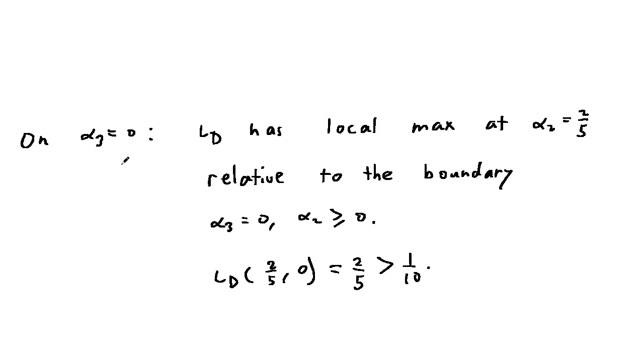On alpha 3 equals 0, L sub D has a local max at alpha 2 equals 2/5 relative to the boundary alpha 3 equals 0 and alpha 2 greater than or equal to 0. The value of L sub D at (2/5, 0) is 2/5, which is bigger than 1/10.